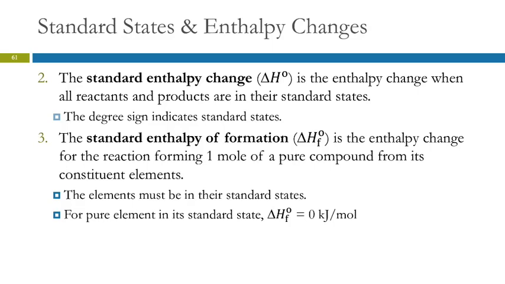So this is the enthalpy change for a reaction where we're going to make 1 mole of the compound from its constituent elements in their standard states. Because we've defined the pure elements as being zero enthalpy, we know that for pure elements in their standard states, their standard heats of formation are 0.